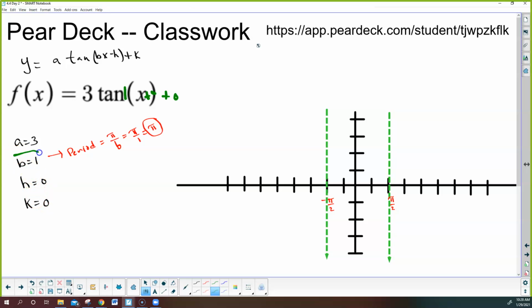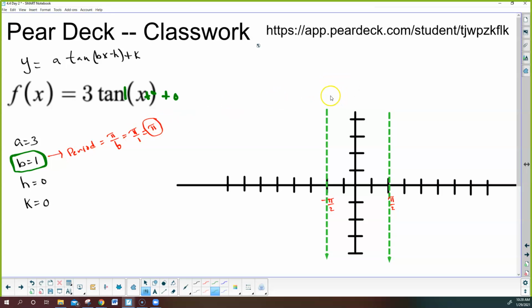So the only thing that b does is b controls the period. And tangent has a different period than sine and cosine. It's pi over b. So if I do pi over 1, because b is 1, that tells me the length of tangent's period is pi.